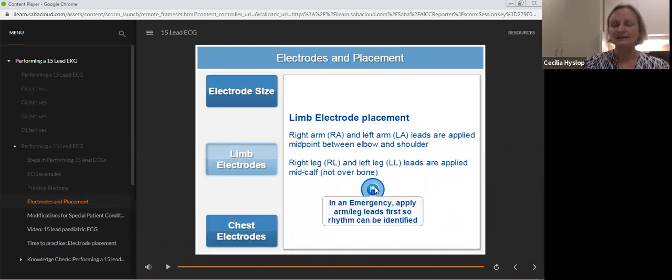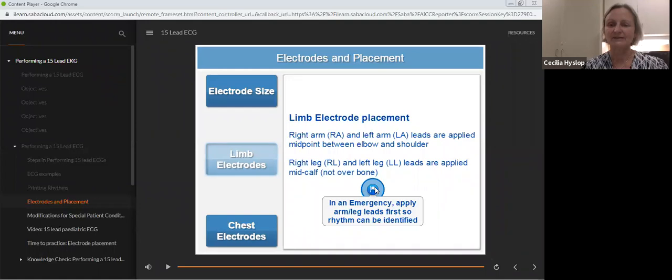In an emergency, what we can do is just apply all of the 4 limb leads. So, the right arm one, the left arm one, the right leg, so on the calf of the right leg, and the left leg. And then if you drape the manifold and all of the leads that come off of it, if you take the 2 on the outside and the 2 on the outside this way, then those are the ones that will be placed on the limb leads.